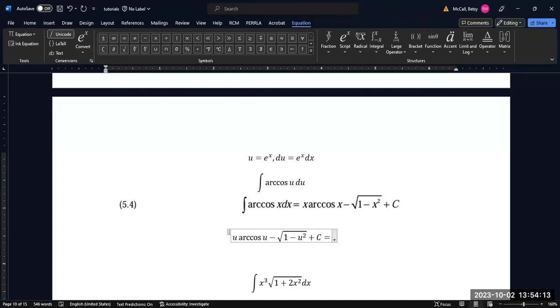But again, we didn't start out with u's, we started out with x's, so we have to put all of those x's back. E to the x arc cosine e to the x minus the square root of 1 minus e to the 2x, because that's e to the x squared, plus c.